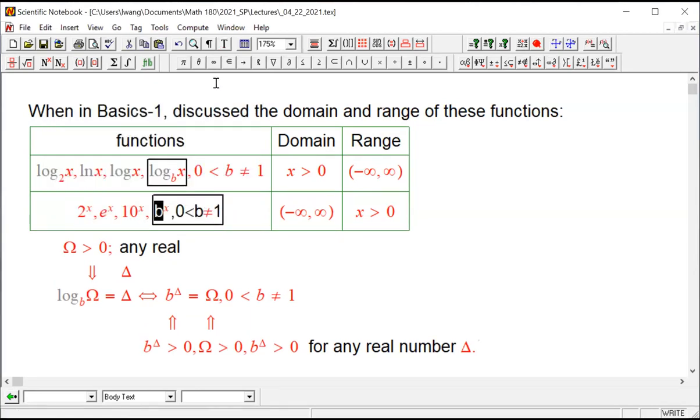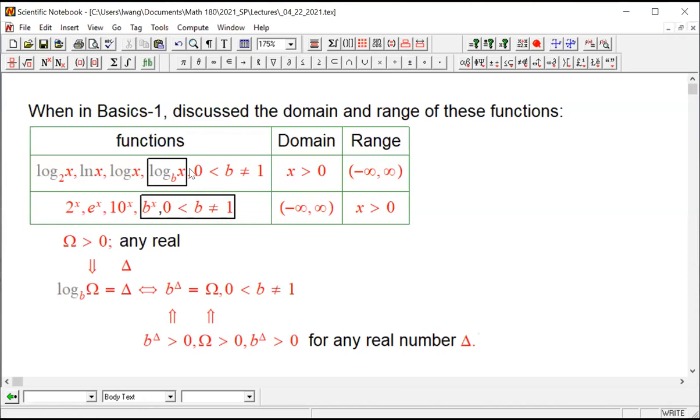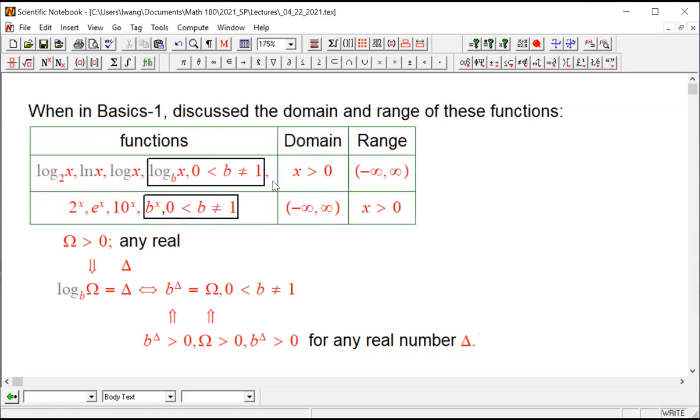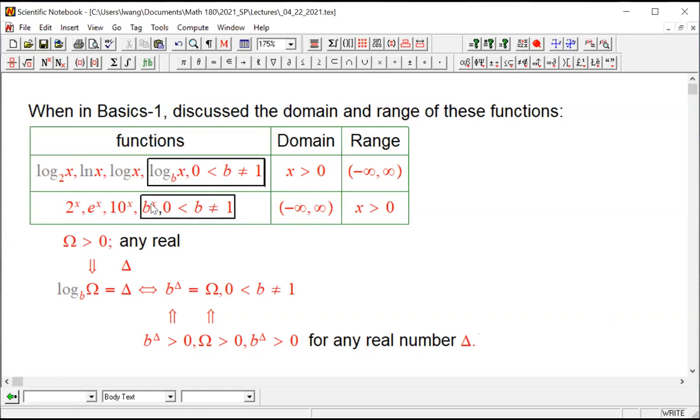Okay? And I'm going to put this inside because this restriction is on the b's. So this is the general form for all of these. This is when b is 2, b is e, b is 10, and of course you can create more.